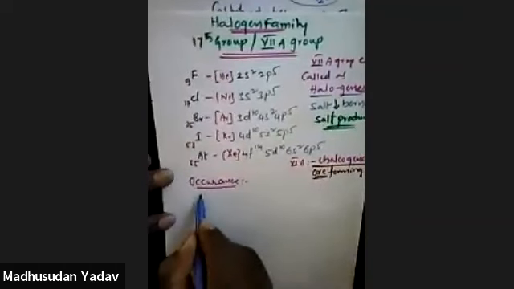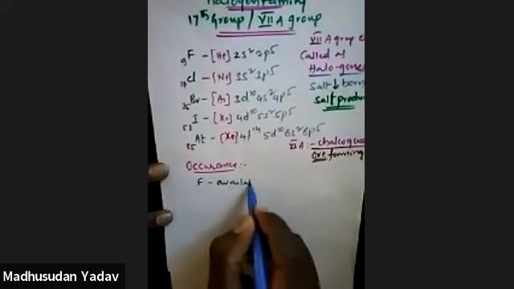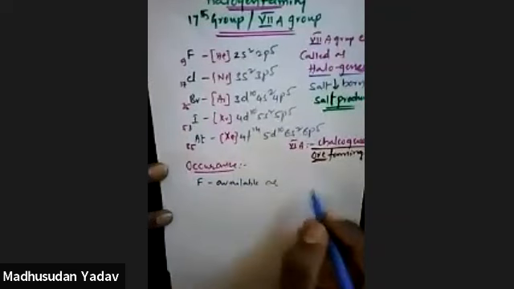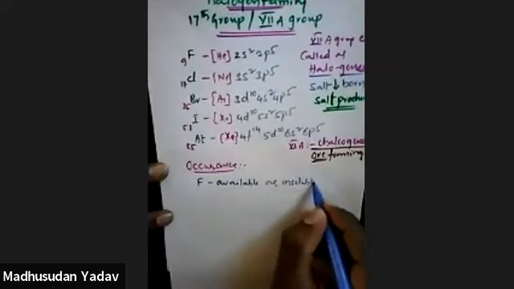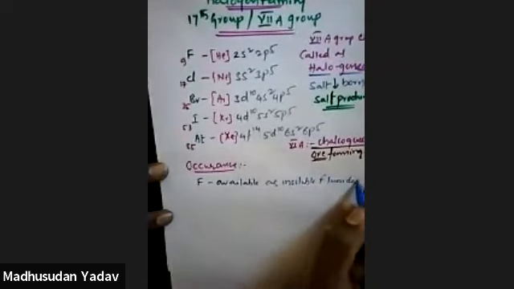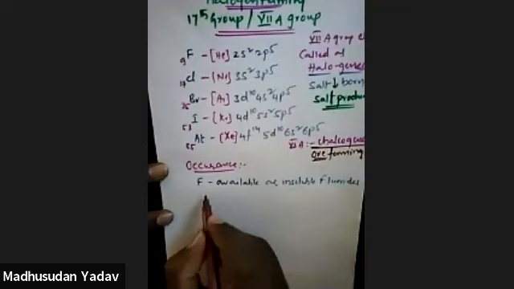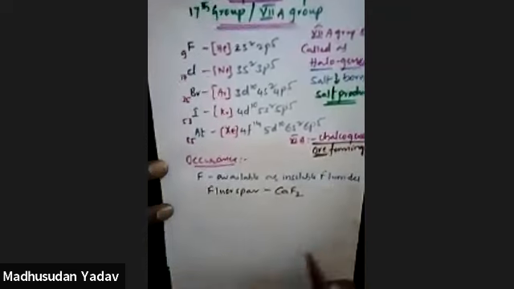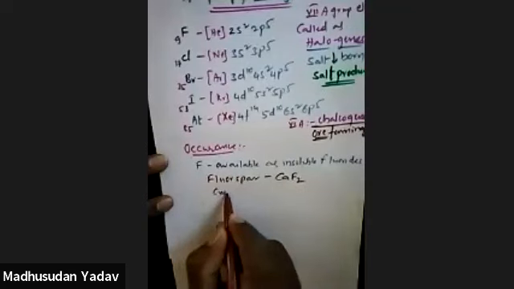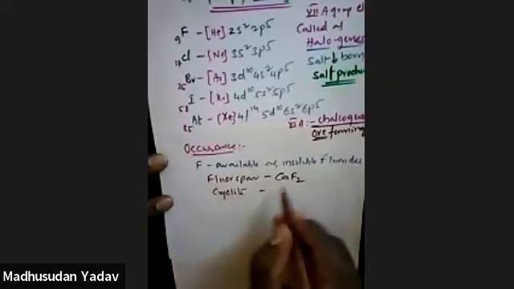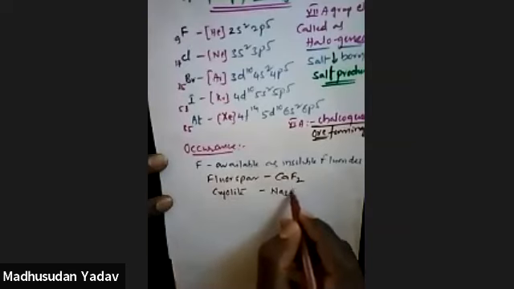First, I will talk about fluorine. Fluorine is available as insoluble fluorides. The main important ones: fluorspar, which is nothing but calcium fluoride, CaF2. Next one is cryolite, whose formula is Na3AlF6.